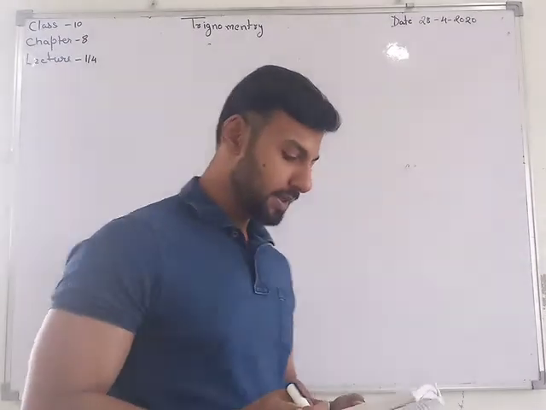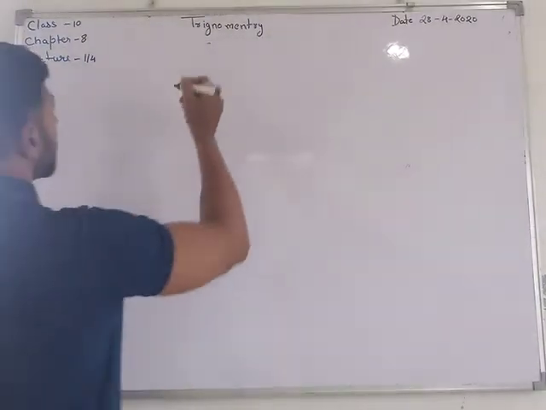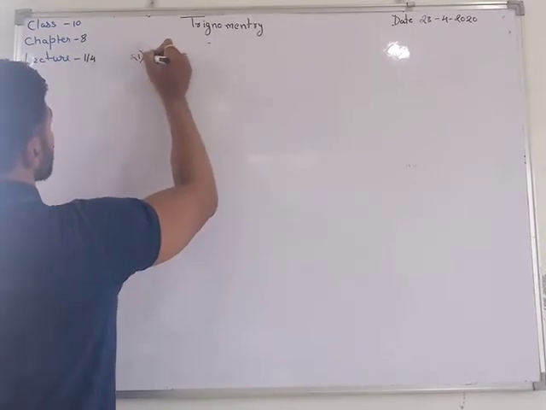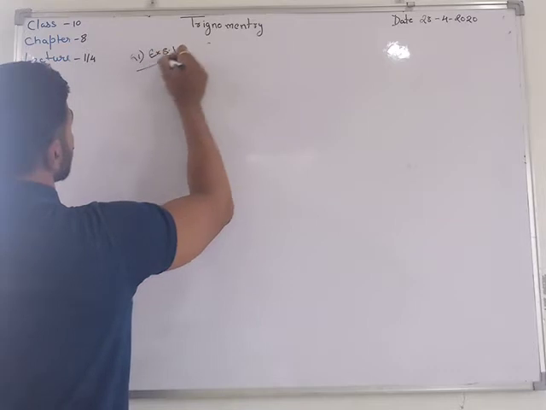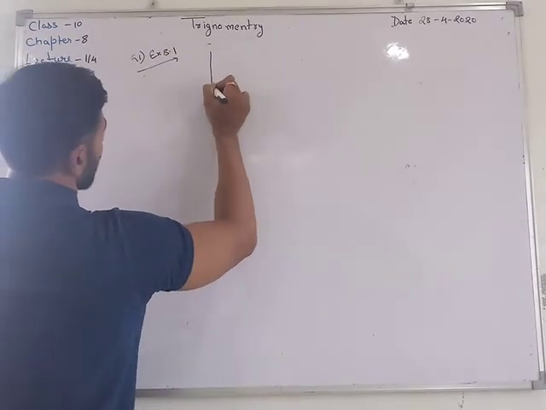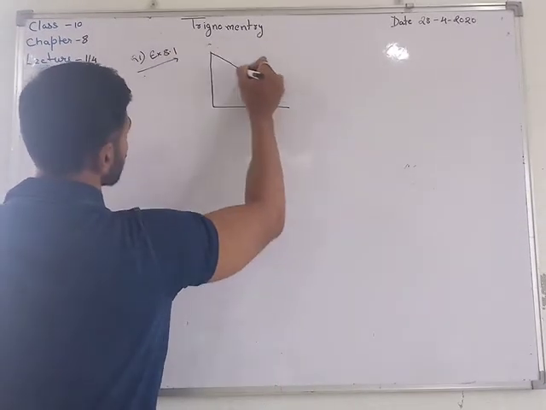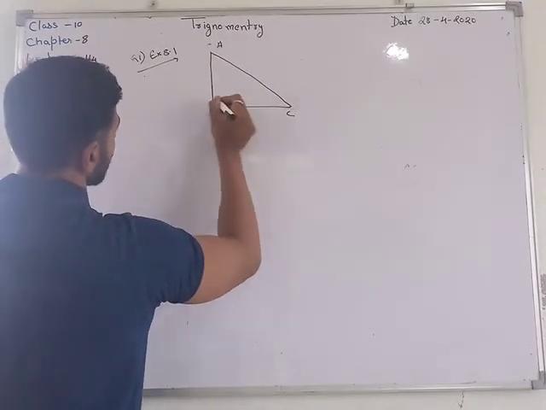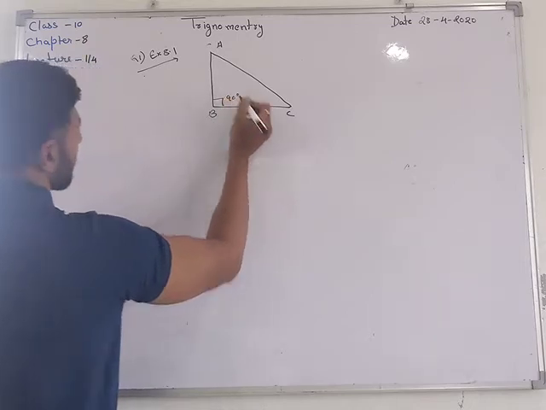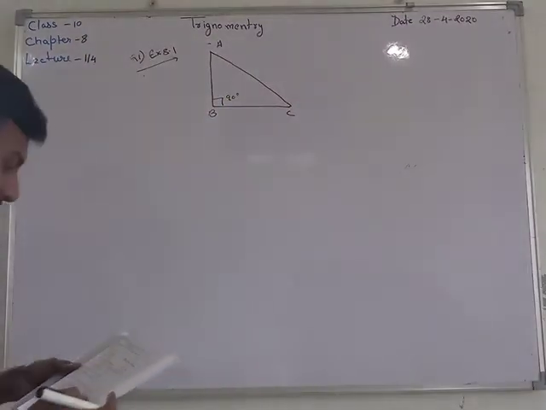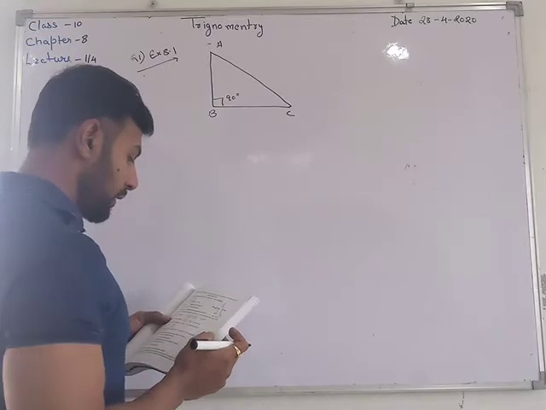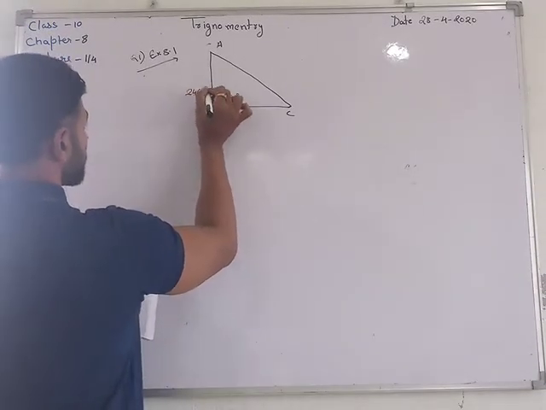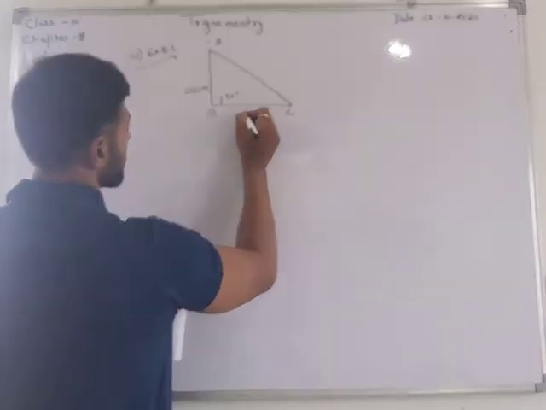In triangle ABC, right angle at B. Triangle ABC is given, in which this is 90 degree. AB is 24 centimeter and BC is 7 centimeter.